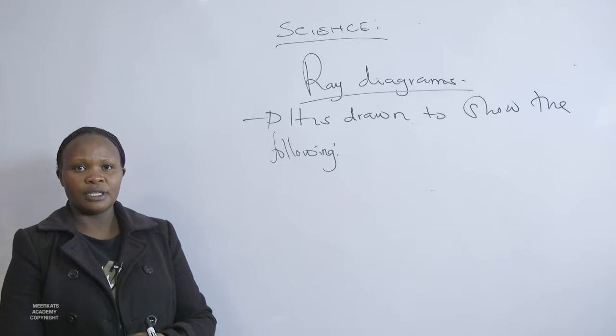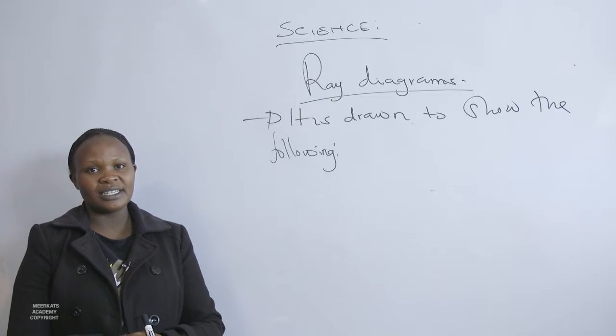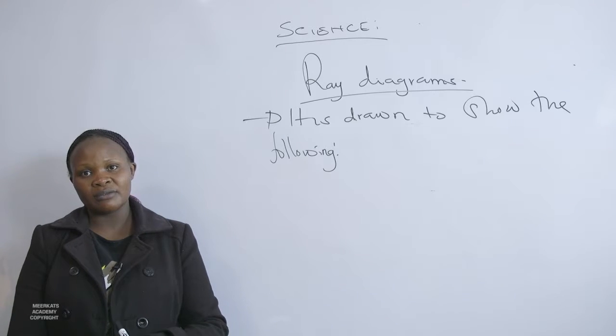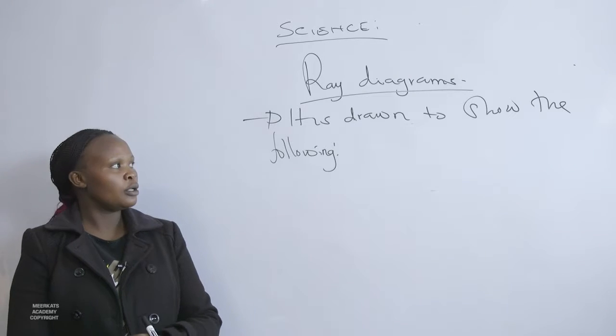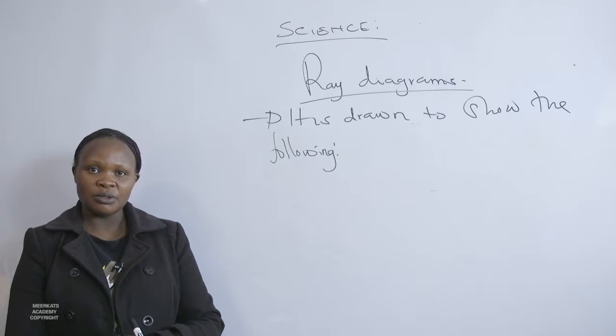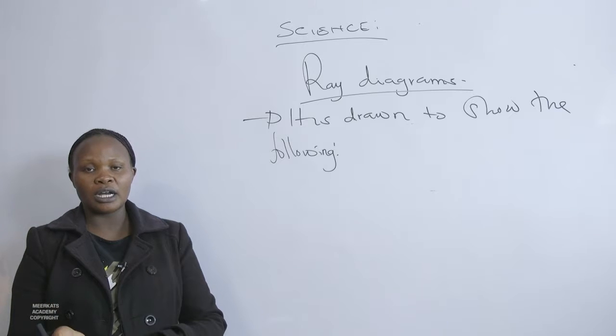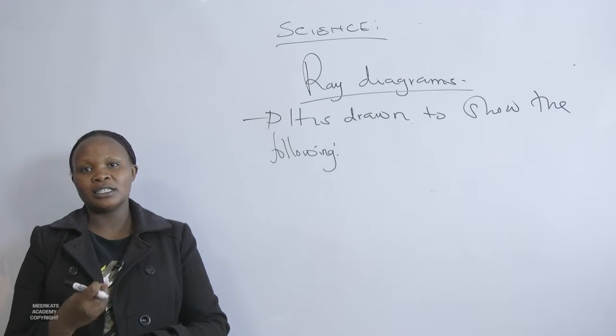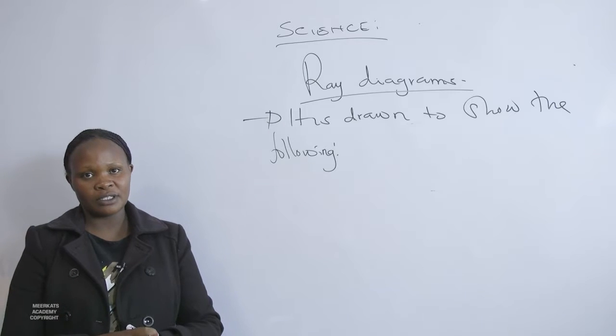A ray diagram is supposed to help us trace an image of an object formed by reflection of light using a curved surface. Remember, we said that we are after those images that will be formed when light is reflected by our curved surfaces.